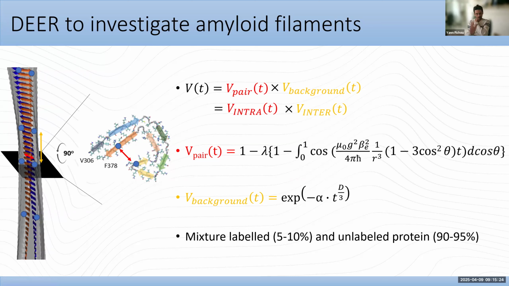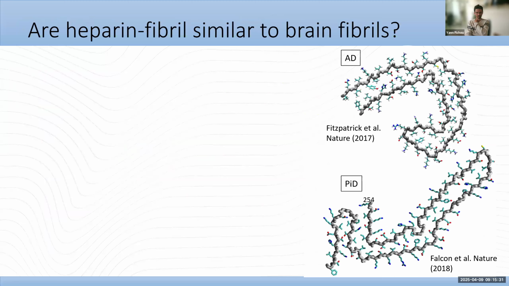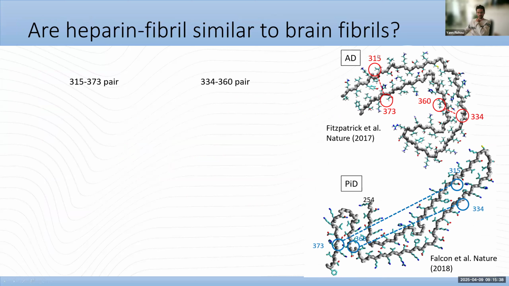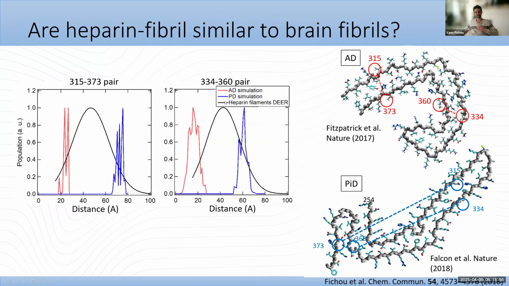So, okay, what we did from there, and again, sorry, this is old stuff, but it's a good primer. What we did back then, we placed a few labels, and the idea was to make those in vitro fibers and compare them with what you would expect from those brain-extracted structures. With cryo-EM we obviously have a full atomic structure, and we can map our distances on this.